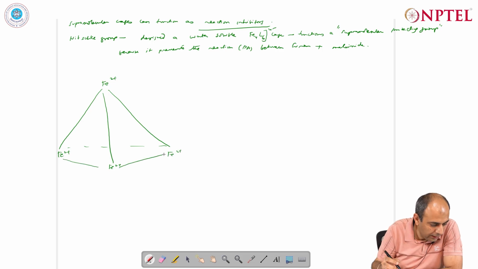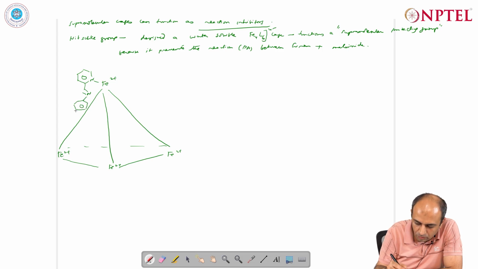This is my supramolecular cage, and here we have SO3 minus, that makes it soluble.